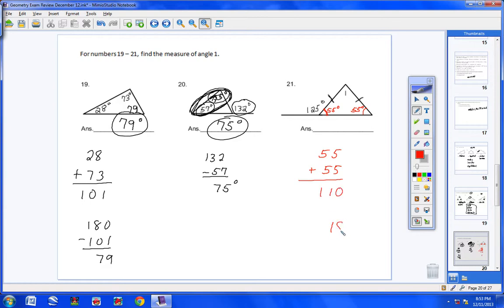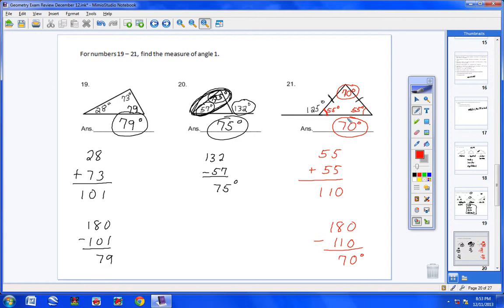Then I take 180 and subtract out the 110 degrees, and I'm left with 70 degrees. So this angle right here, angle 1, is 70 degrees, because 70 plus 55 plus 55 equals 180.